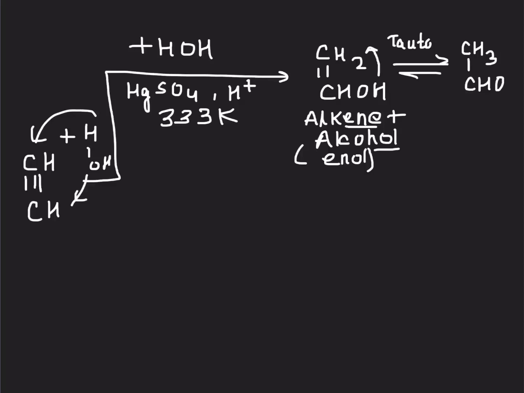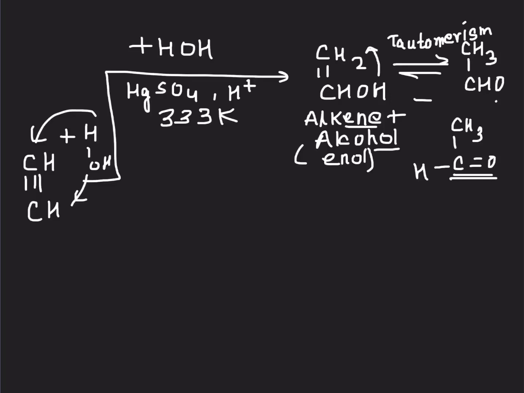Both of these have the same number of carbon atoms, hydrogen atoms and oxygen atoms, but structurally they are different by the movement of one hydrogen. So this is called tautomerism. Now you will ask why I specifically use the word keto-enol tautomerism. Here, if you expand this CH3 C double bond O, this is a carbonyl group.